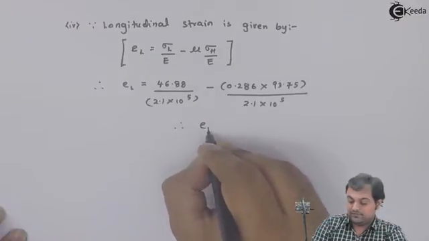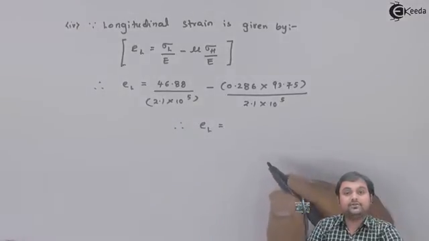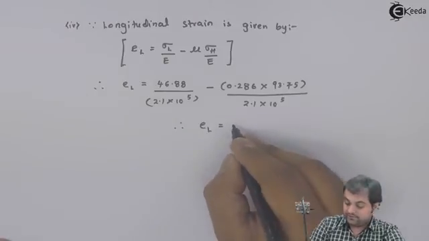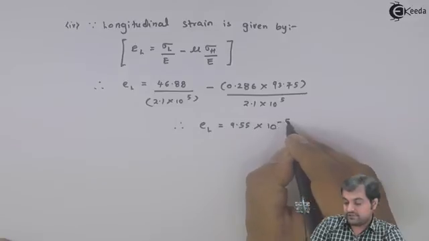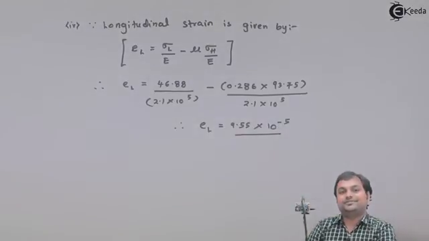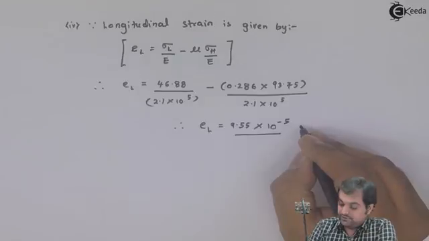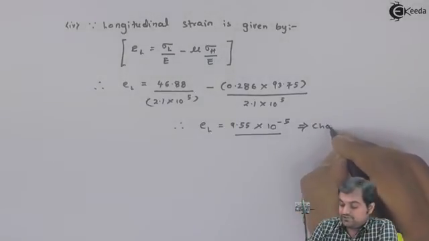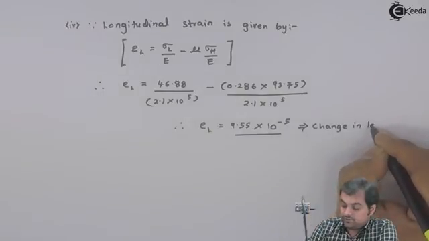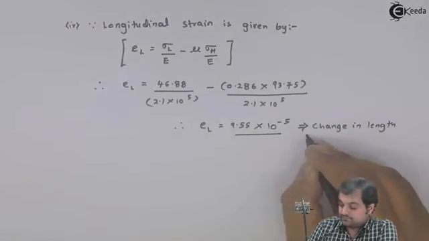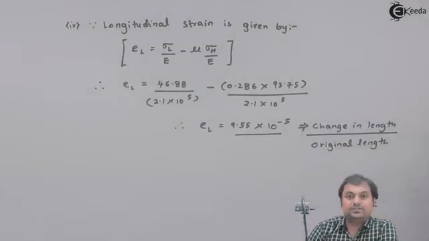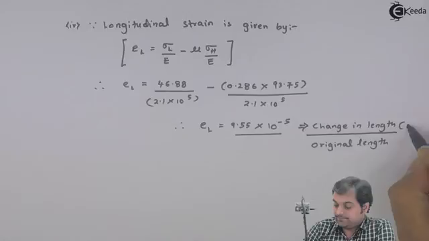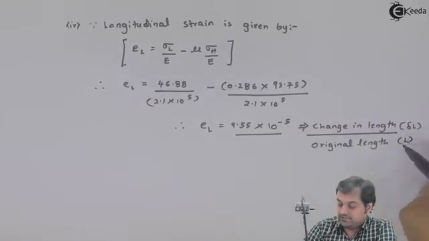From this I get the longitudinal strain value as 9.55 into 10 raised to minus 5, and strain doesn't have any unit. This longitudinal strain is also equal to change in length upon original length.